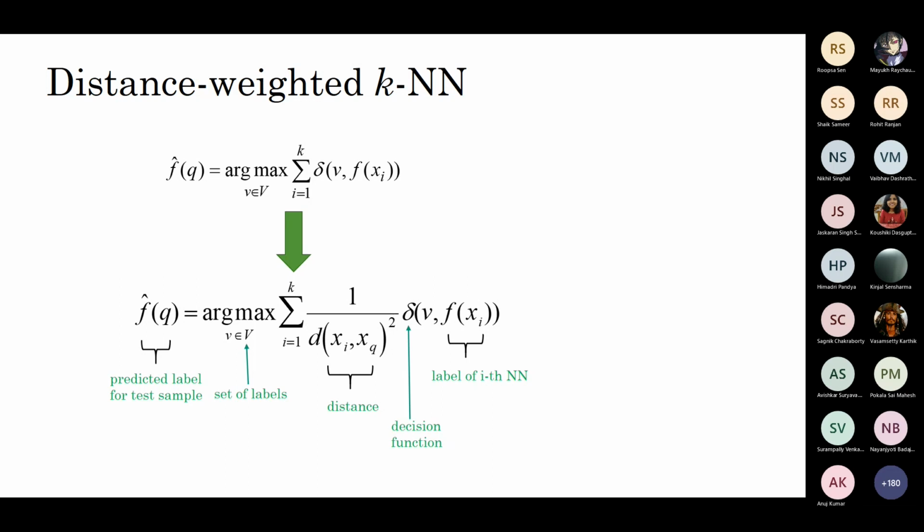Number one, even though we are using distance as a kind of down-weighting factor, in practice, when you have very dense and large data, if you sum up the whole thing, taking all the samples, the performance is not very good compared to taking the hard cut of K. People have empirically seen that.